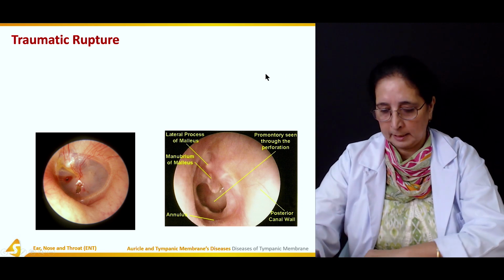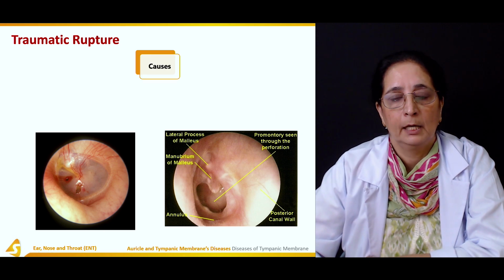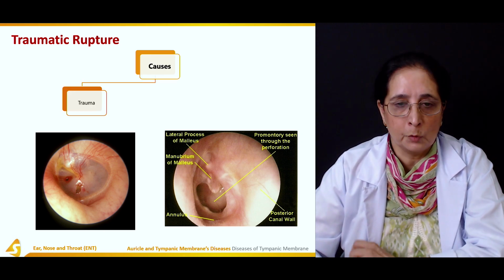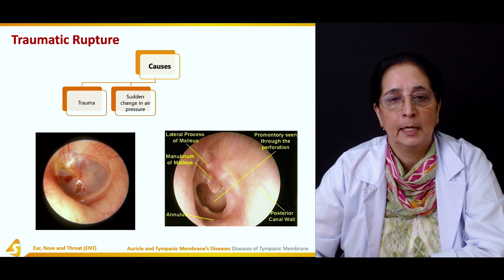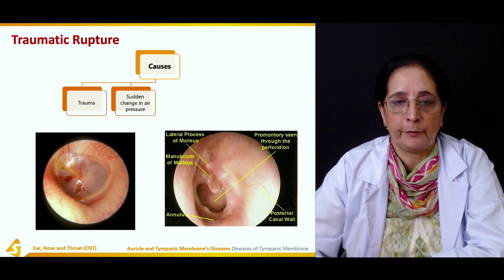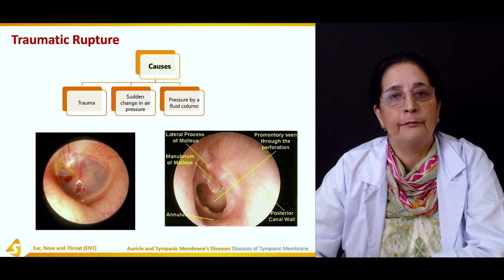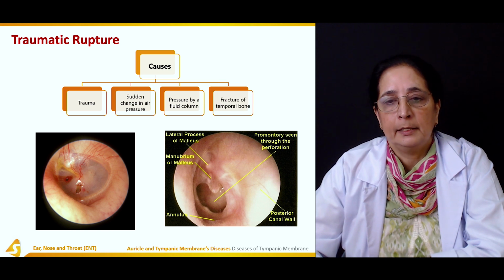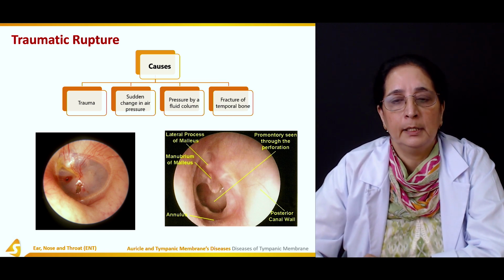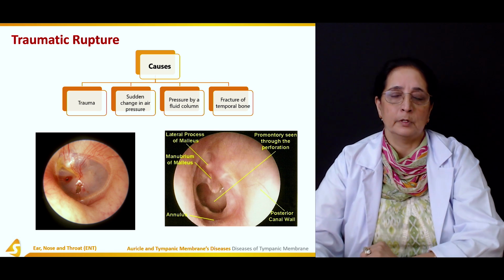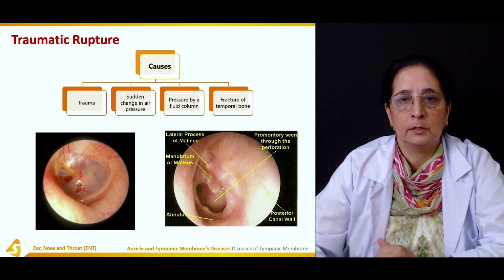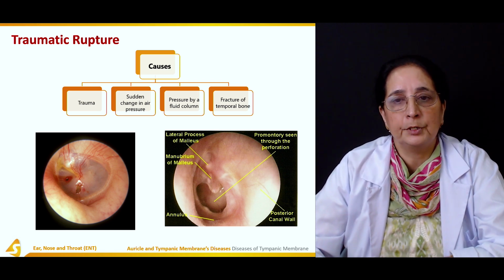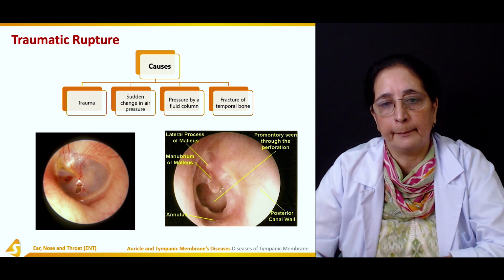The causes are most likely trauma, sudden change in the air pressure, pressure by a fluid column, and fracture of the temporal bone. So these are also all causes of rupture of the tympanic membrane.